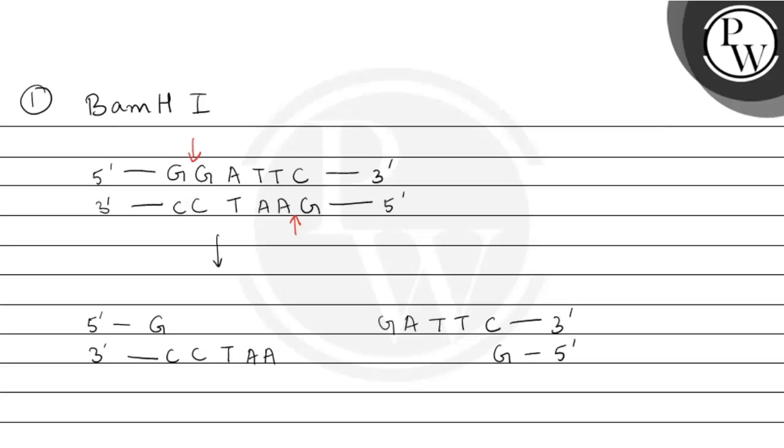We can see that there are two flanking ends in the two DNA fragments. These flanking ends are known as sticky ends. So the cleavage with BamHI results in two DNA fragments with sticky ends. It does not give a blunt end, but it gives a sticky end.